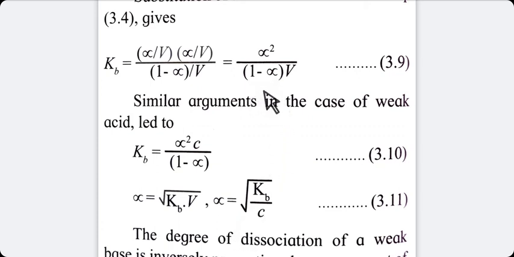That's why 1 minus alpha will be equal to 1. So the formula is Kb is equal to alpha square upon V, or Kb is equal to alpha square into C. When we take the formula for alpha, it will be alpha is equal to square root of Kb into V, or alpha is equal to square root of Kb upon C. This means the degree of dissociation of a weak base is inversely proportional to the square root of concentration and directly proportional to the square root of volume of the solution containing 1 mole of weak base.